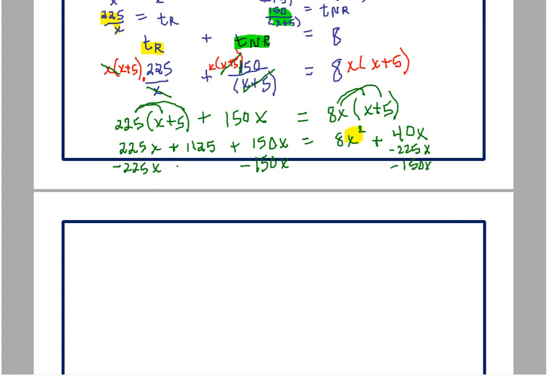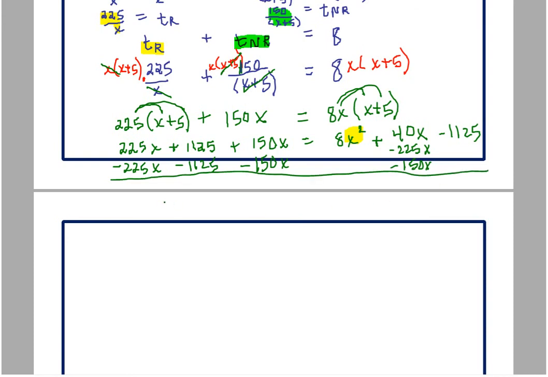And I'm also going to subtract the 1125. Now you don't have to do this all in one step. Notice there's no like term for the 1125, so I'm just going to subtract it. I did it all in one step, but you can do each piece separately.